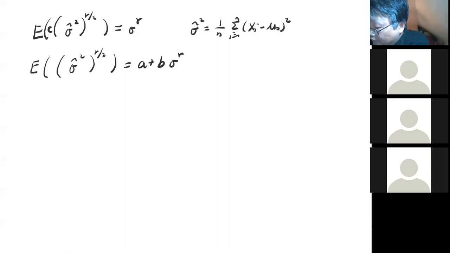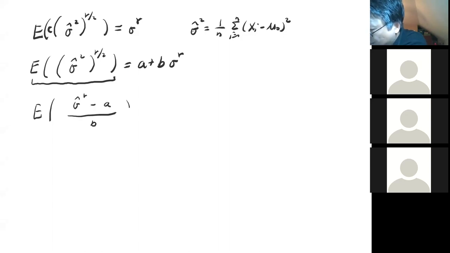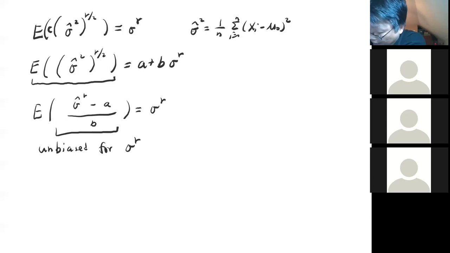So if I can derive the left-hand side, and it turns out equal to A plus B times sigma to the gamma, then I can work on that to put it back as the estimator minus A, divided by B, equals sigma to the gamma. Then I find an unbiased estimator for sigma to the gamma.